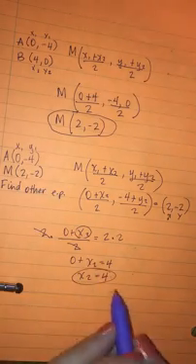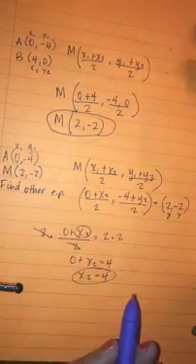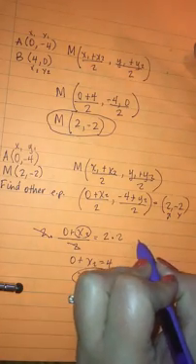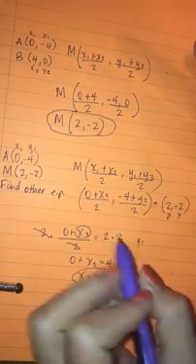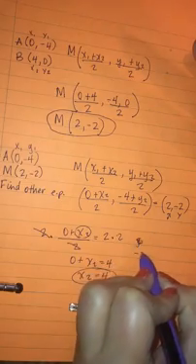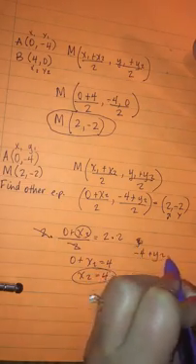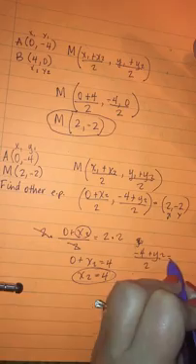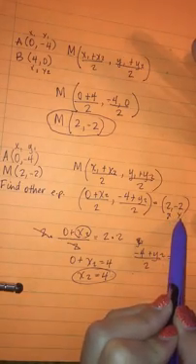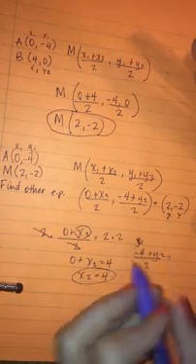So there's 1. Now we're just going to do the same thing with our y coordinate. So y1, no, I'm sorry, -4 plus y2 divided by 2 is going to be equal to -2, because that's the y coordinate of our midpoint.